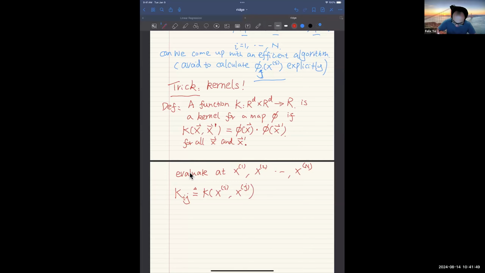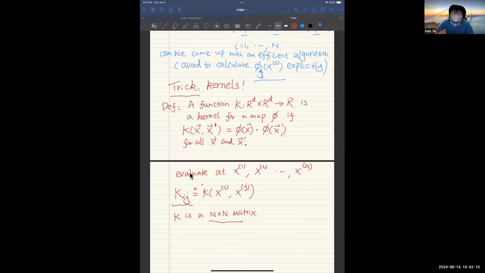So that k automatically gives you an n by n matrix. This is very important. To calculate this n by n matrix, it only takes about n squared.